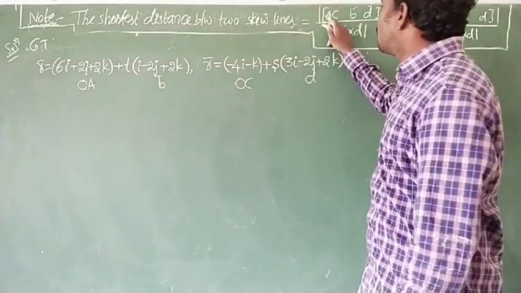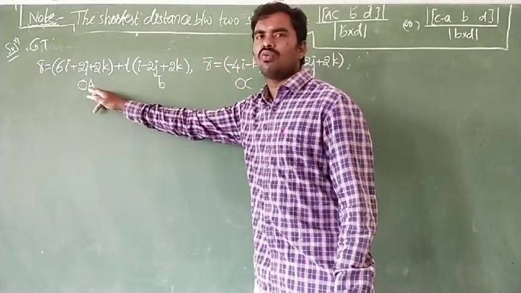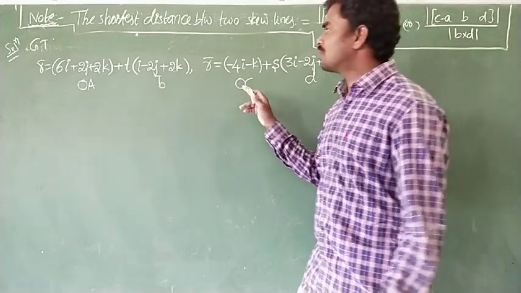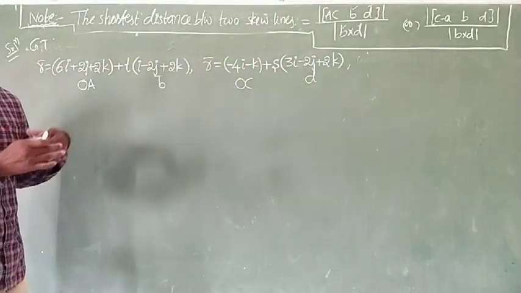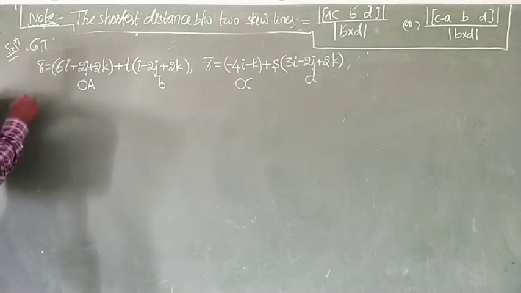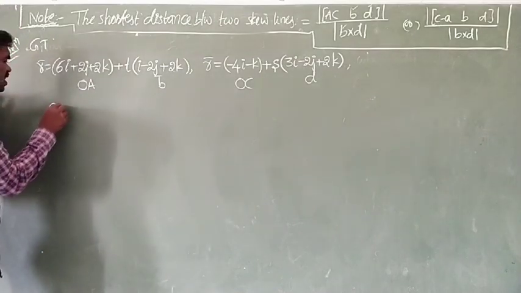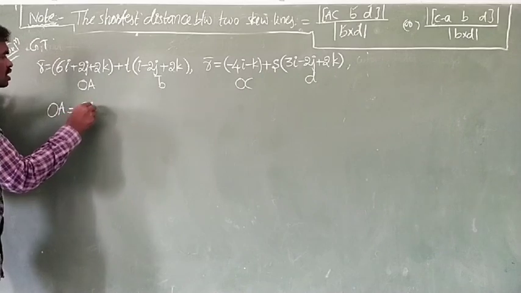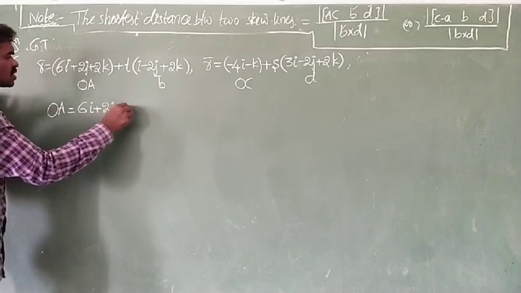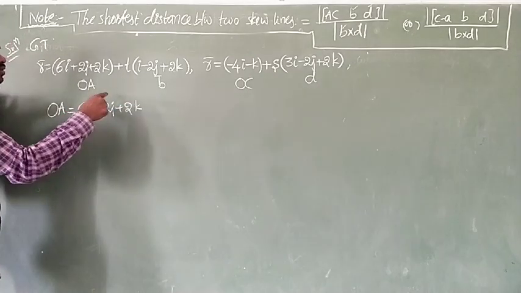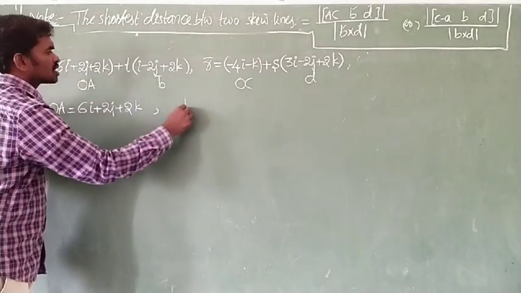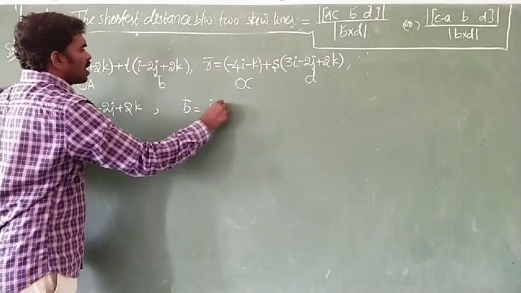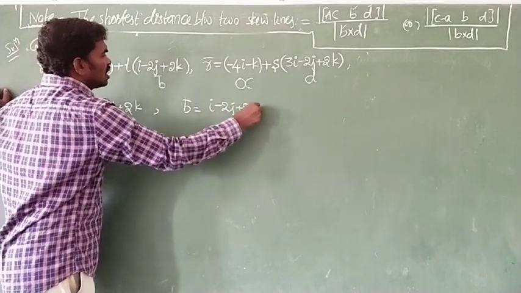Next, what is AC? We have OA, we have OC. AC means OC minus OA. So OA equals 6i plus 2j plus 2k, and vector b equals i minus 2j plus 2k.